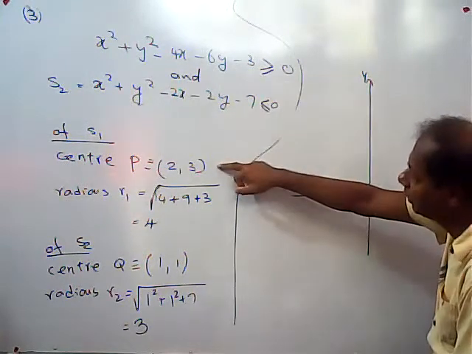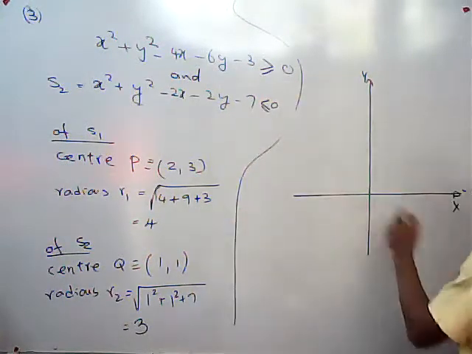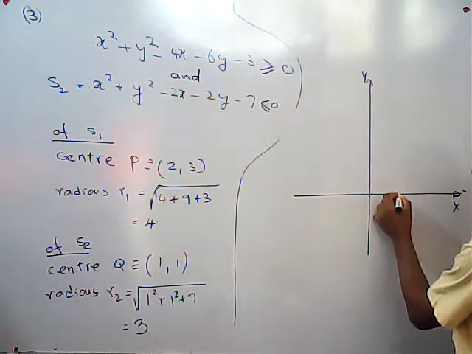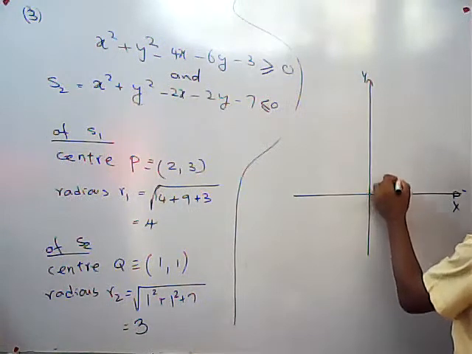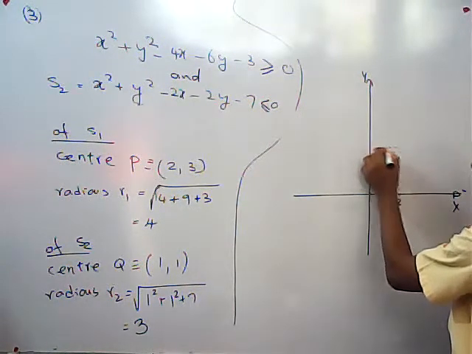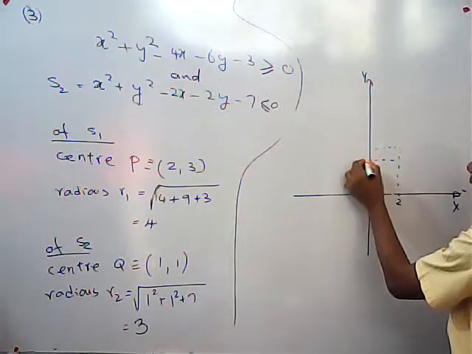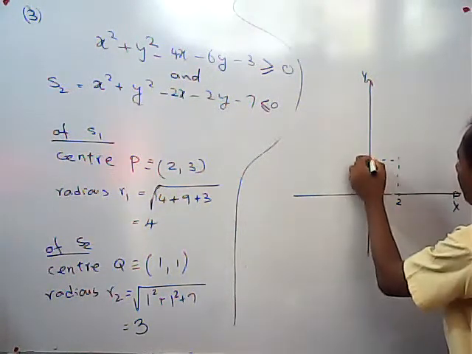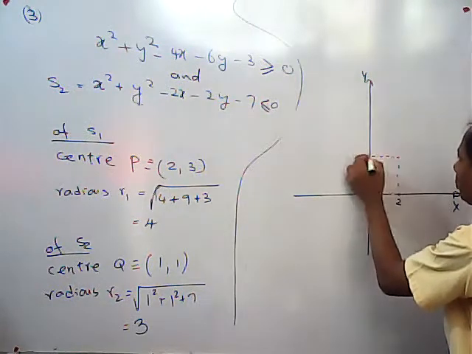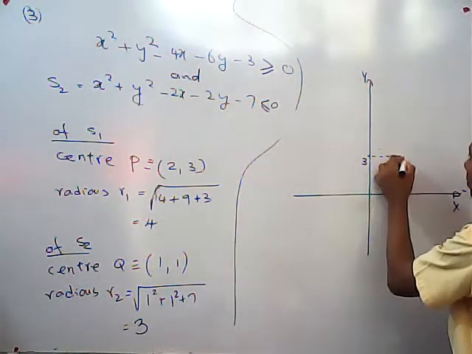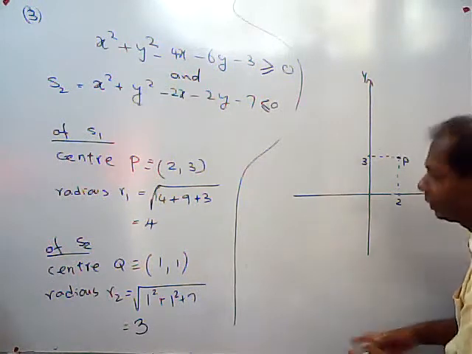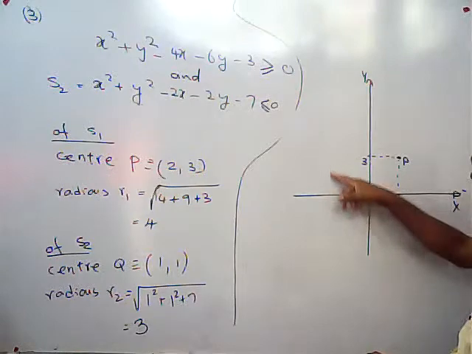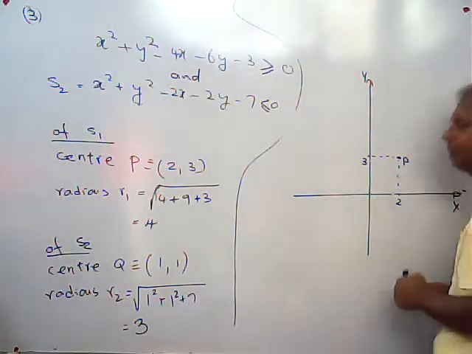S1 has center (2, 3) and radius 4. The center P is (2, 3), and the radius is 4. It's a somewhat bigger circle.